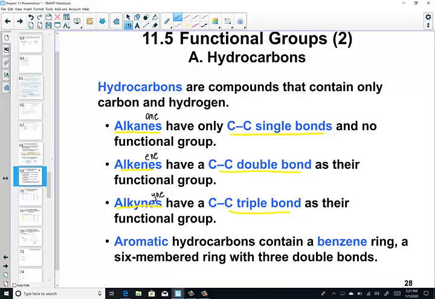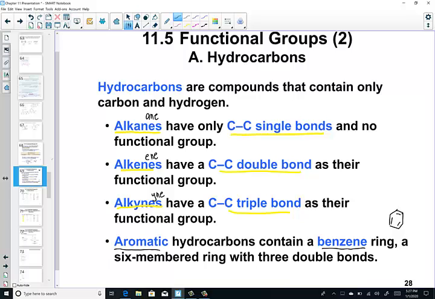And the fourth type of hydrocarbon functional group is a very special type of family, a ringed structure known as an aromatic compound. And an aromatic compound, just as you might imagine, has distinct odors as part of their physical qualities. The key here is that it contains a benzene ring, which is a 6-membered ring with alternating double and single bonds.